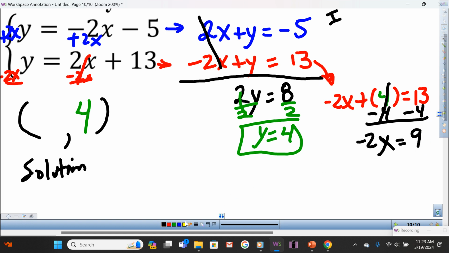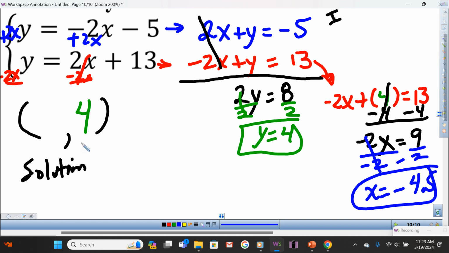And last but not least, everyone, divide by negative 2. X equals negative 4.5. That is correct. That goes right here, negative 4.5.